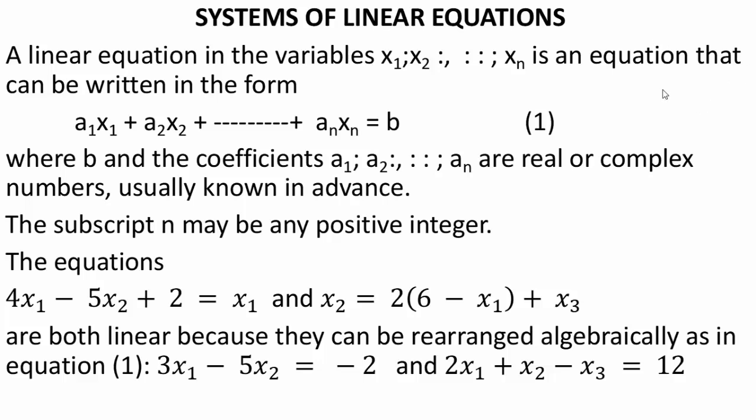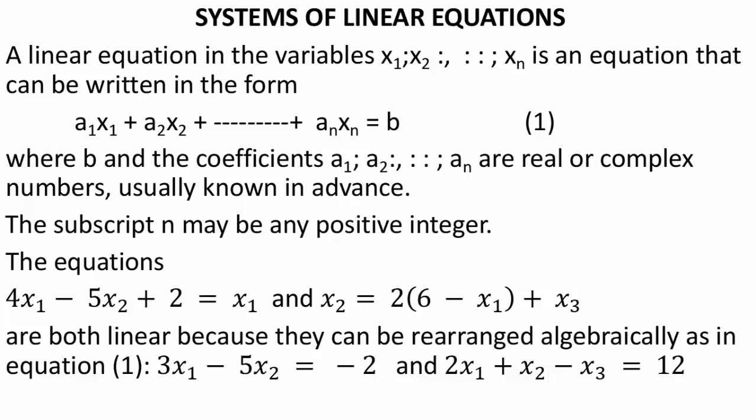See here, power of first term 3x1 is 1, power of second term 5x2 is 1, and second equation can be written as 2x1 + x2 - x3 = 12. Here also the three terms contain variables x1, x2, x3, and power of all the three terms is 1. That's why these two equations are linear equations.